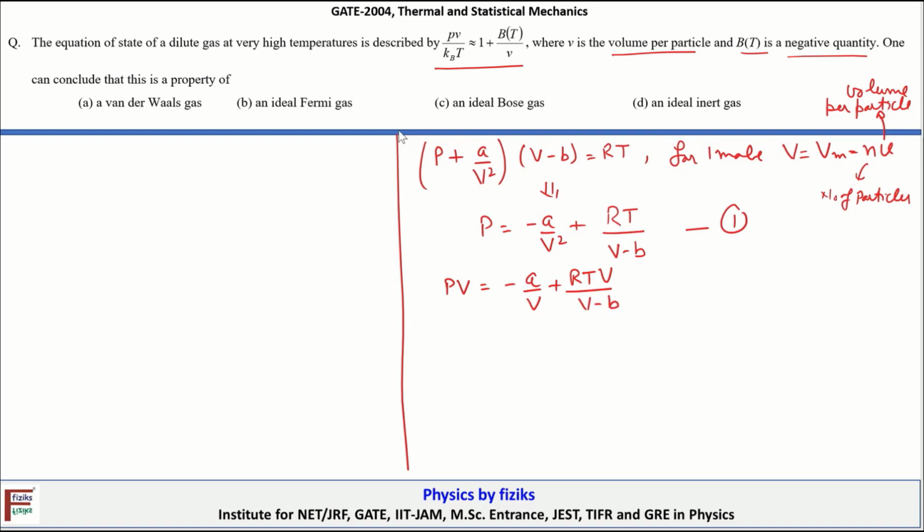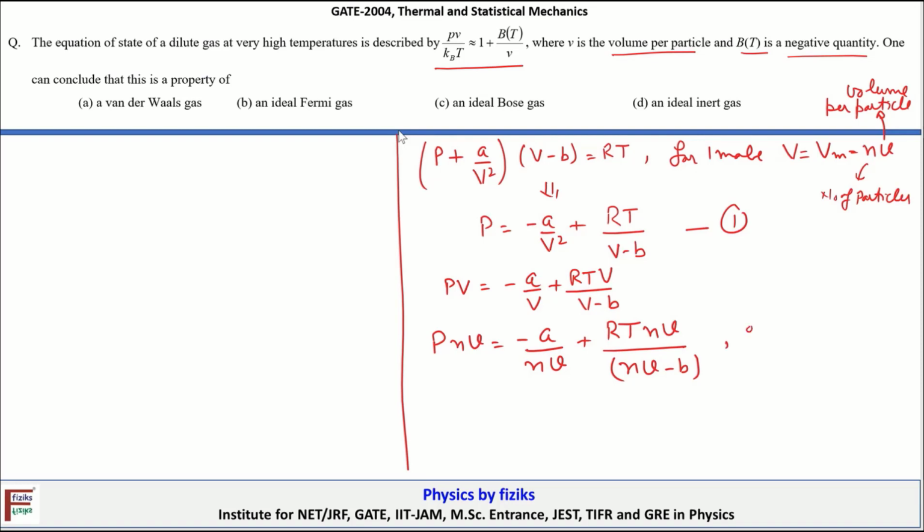So that means I can write in terms of volume per particle, so that is P multiplied by volume per particle, and that is equal to minus A upon nV plus RT nV upon nV minus b.